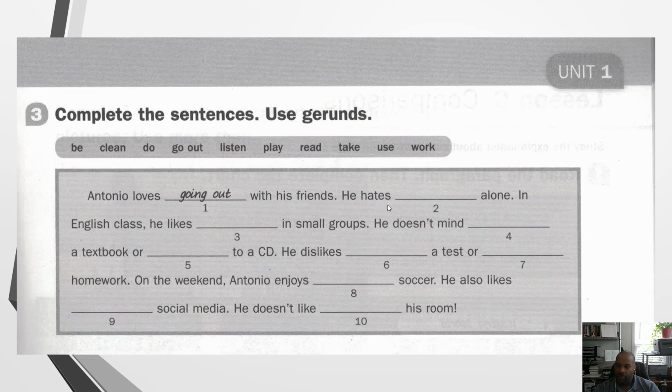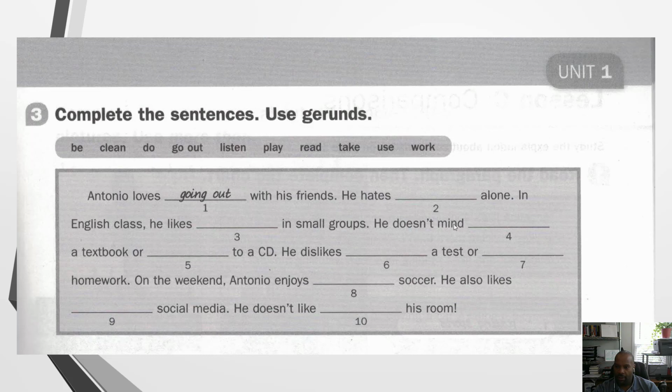He hates, I said being from be, being alone. In English class, he likes, I said working, I took that from work, working in small groups.